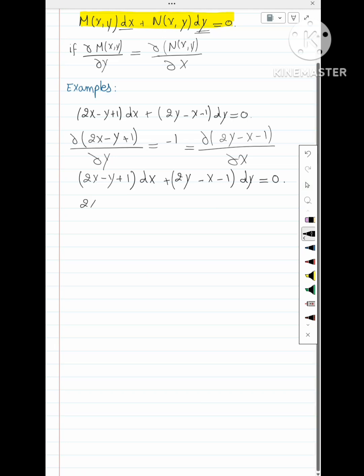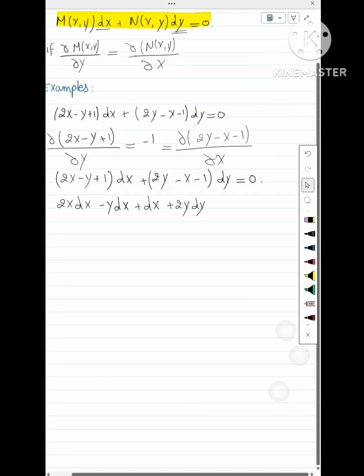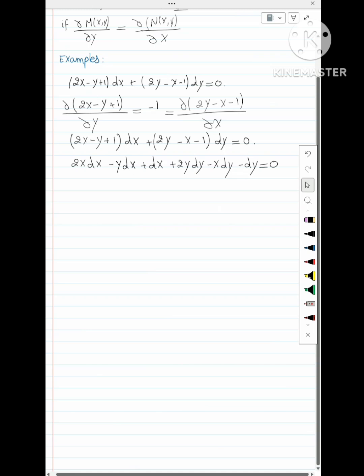So we have 2x dx - y dx + dx + 2y dy - x dy - dy = 0. Right here, 2x dx is a function of x times dx. This one is mixed. The dx term goes on this side, and the y dy and x dy terms go on the other side.